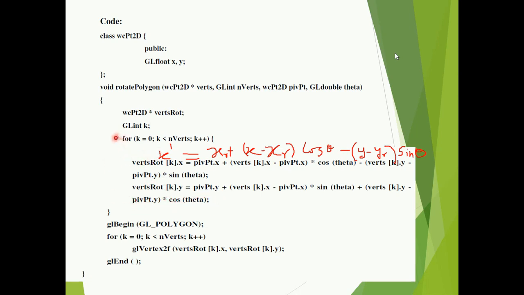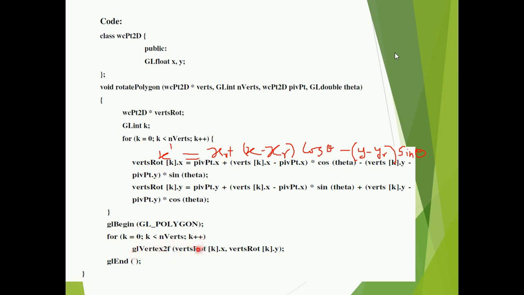So in this particular loop you are going to generate the new vertices of the polygon after rotation takes place. Now these rotated vertices you just draw using glBegin(GL_POLYGON), for k equal to 0, k less than the number of vertices, k plus plus.